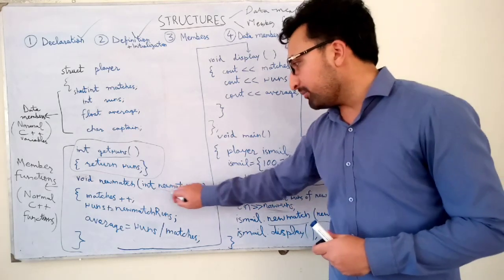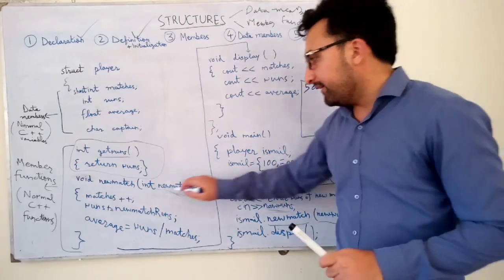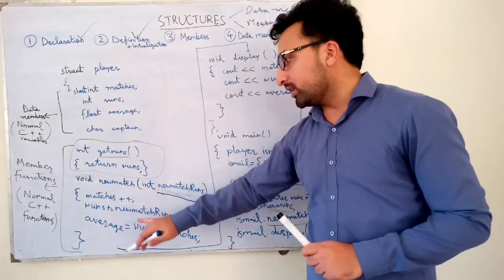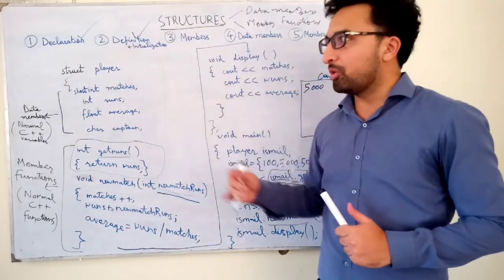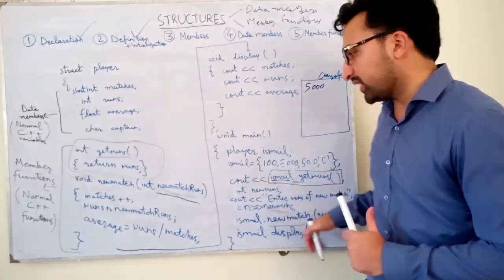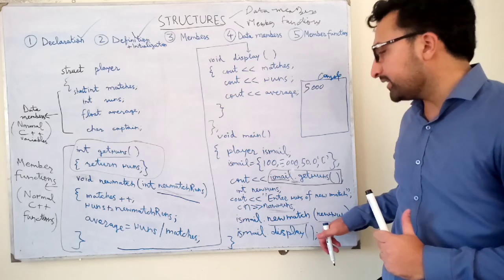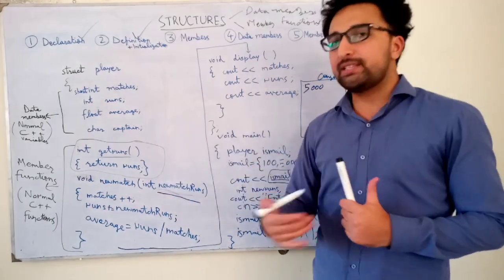It receives that input at this particular place, and it updates all the data of matches, runs and average. So all the data stored in these variables inside the structure gets updated when this function is called and this input is passed, and now the structure holds the updated values.